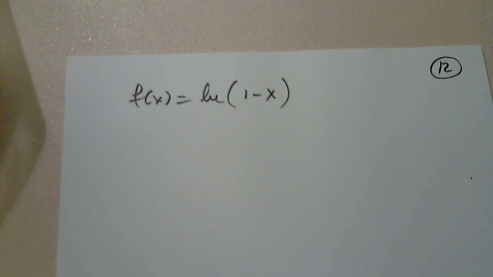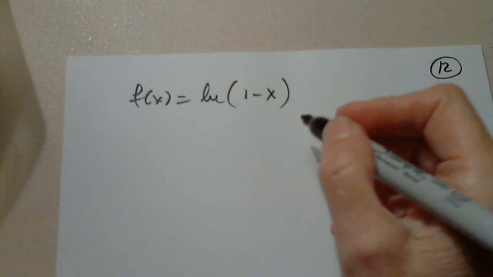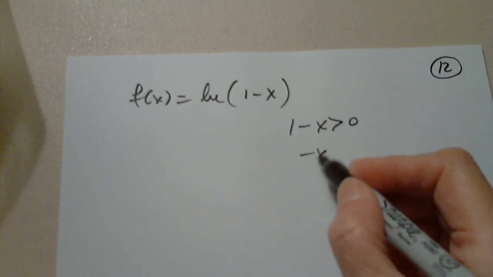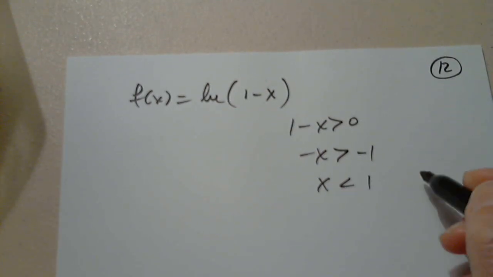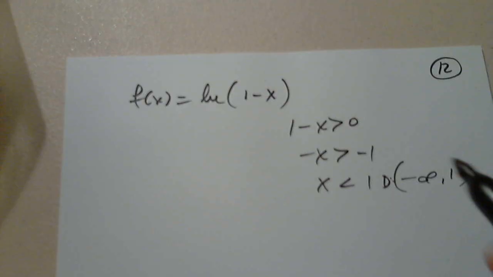Anyone remembers how we define the domain of a log function? No one remembers this? Very simple. It's 1 minus x greater than 0. Negative x greater than negative 1, so x less than 1. That's it. That's the domain. We cannot apply log to negative numbers or 0.